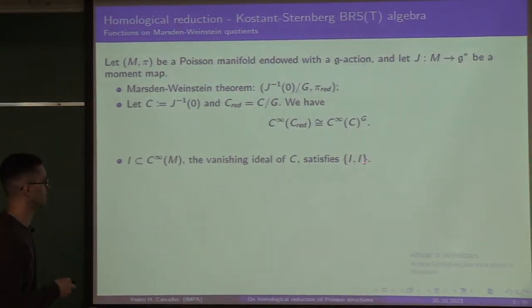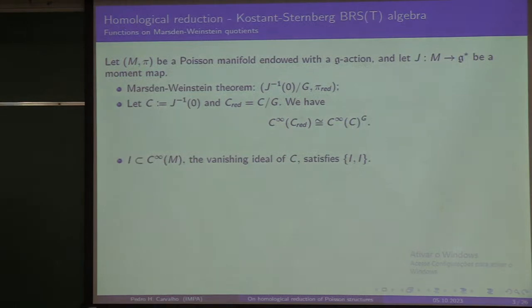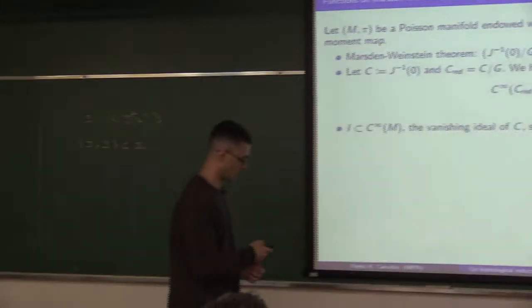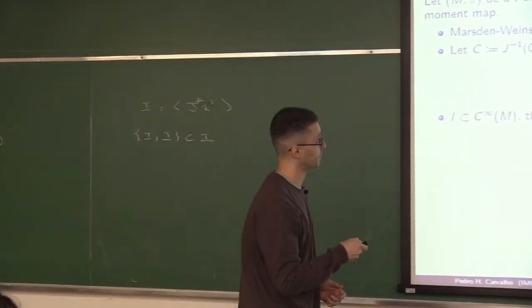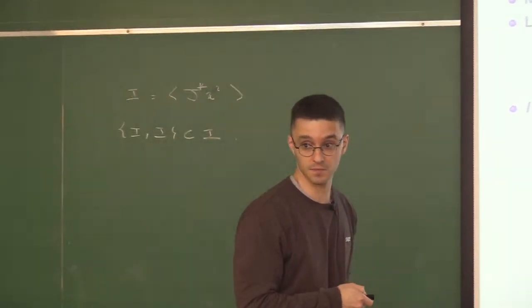I forgot to write something here, but I should have written something like that. This ideal is coisotropic because of the fact that this map is a moment map.